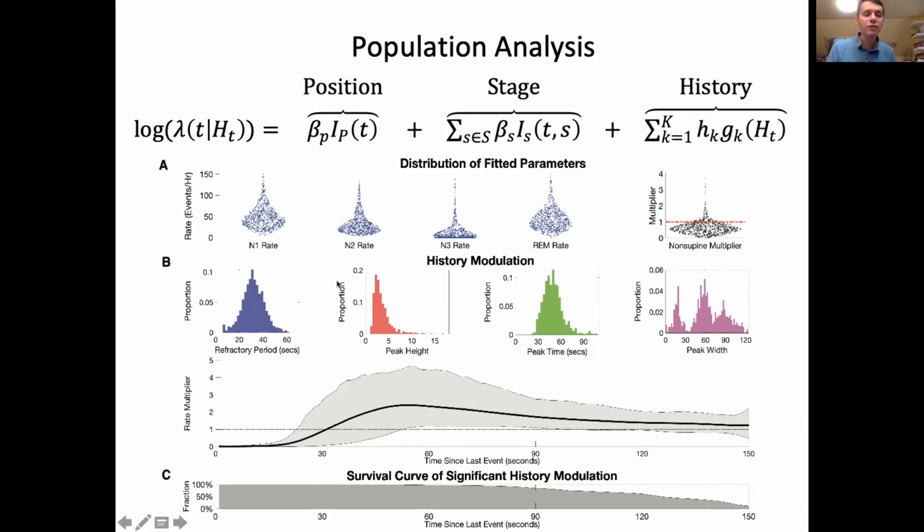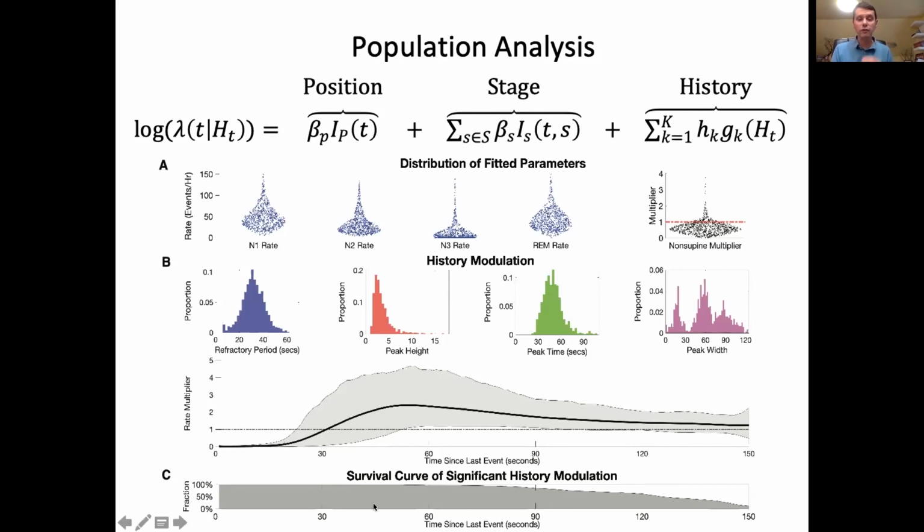And then you have different distributions of parameters related to things like this refractory period, the time at which you have a peak excitability of future events, and maybe even different patterns in the widths of this increase in probability of an event. You can also use tools like this to figure out how much information from the past is actually contributing to model fit.